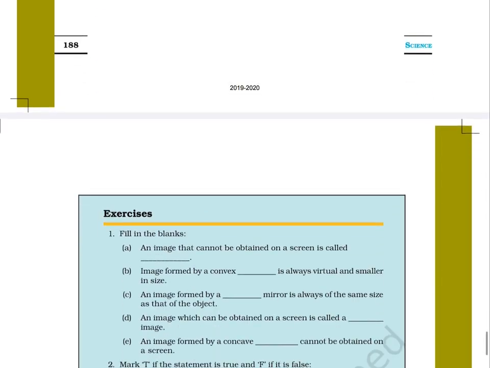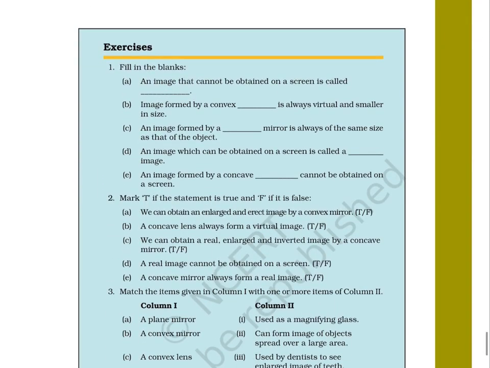Page 189. Exercises. 1. Fill in the blanks. A. An image that cannot be obtained on a screen is called blank. B. Image formed by a convex blank is always virtual and smaller in size.